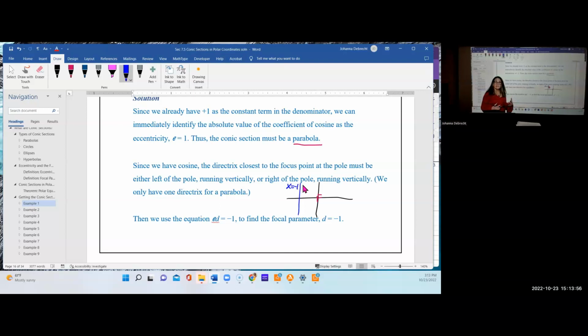Now I'm ready to find where the center of it is, but I know the center is going to have to be somewhere halfway in between. It's going to have to be between the directrix and the focus. And it has to hug the focus, which tells me it's going to be on the polar axis.